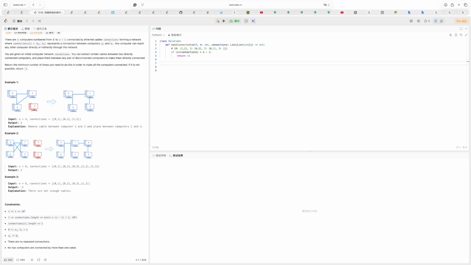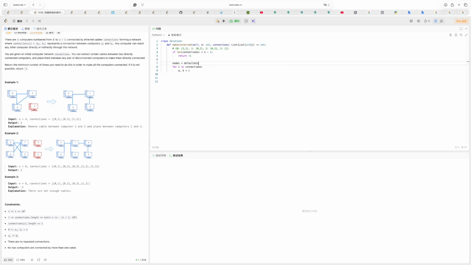The isolated node. So we will start to build an adjacency list: for connection in connections, A, B = connection, and let's have nodes equal to a default dict.